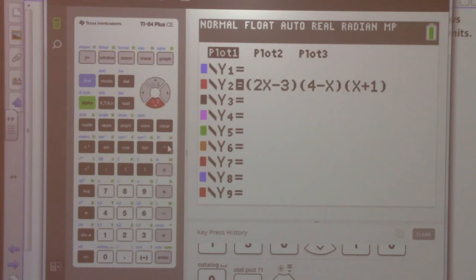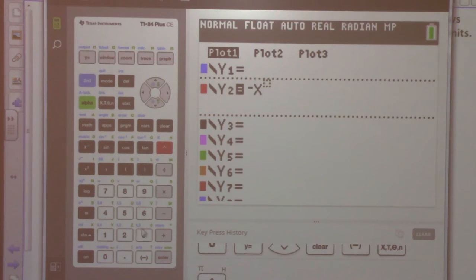That's all right. So we got negative x cubed plus 4x squared plus 31x minus 70.